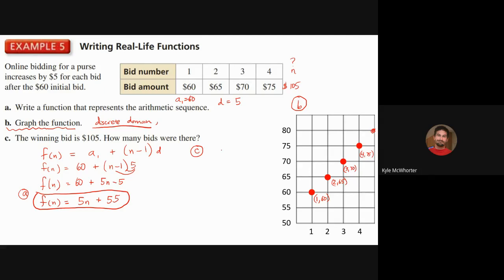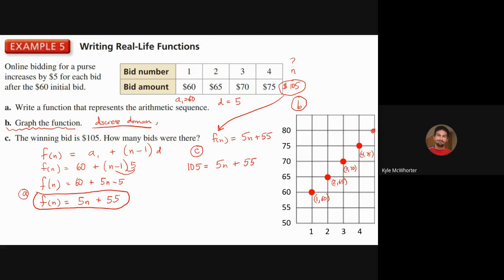So if the output of the function was 105, then that 105 has to equal 5n plus 55, right? We're substituting 105 in for the outcome of the function. And then we want to find out what n would give us that.